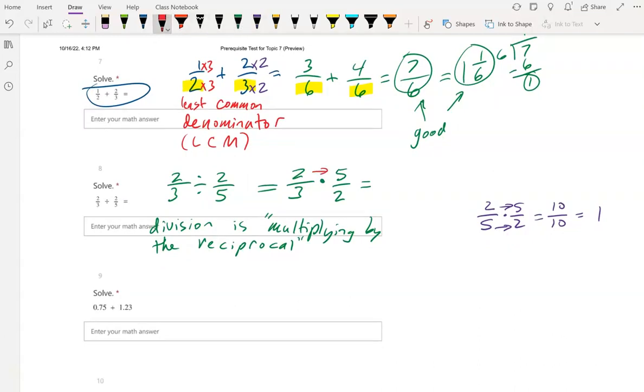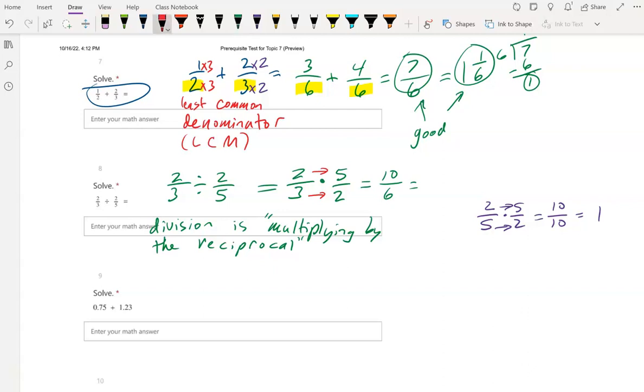Multiplying straight across, 2 times 5 is 10, and 3 times 2 is 6. 10/6, and that's an improper fraction, and that's okay. But you know what else?